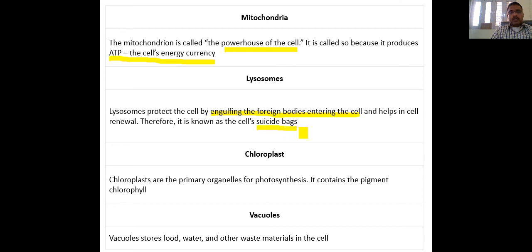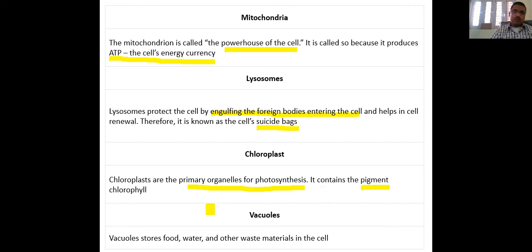Now, the chloroplast is an organelle found basically in plant cells, and it helps in photosynthesis. It contains pigments like chlorophyll, by which food is made.